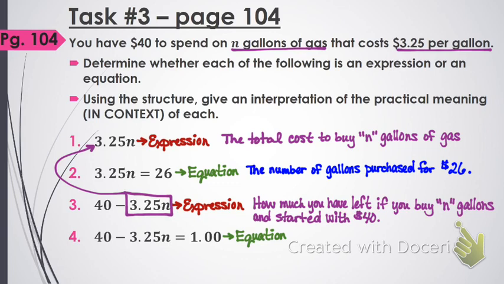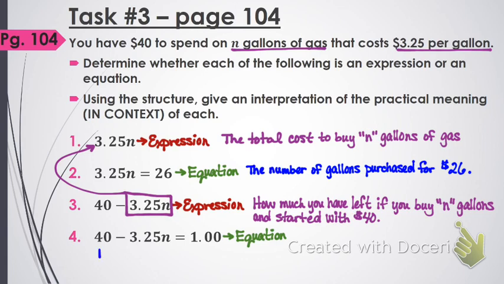It's equal to what? So that means you have $1 left. What would we find by solving that? How many gallons were purchased if we started with $40 and we had $1 left over after we paid for it? That's what we would find by solving this.